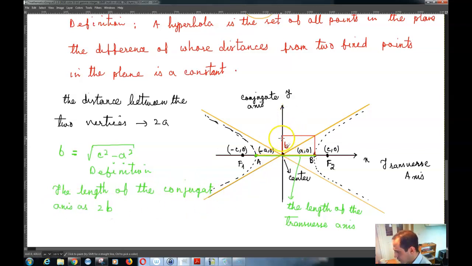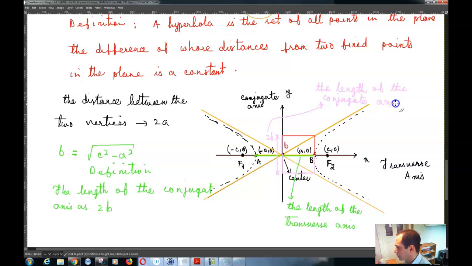Meaning that if you imagine that for whatever reason this distance from here all the way up to here is b, you would get the same distance down here, and so from here all the way up to here the length would be 2b, which is the length of the conjugate axis.